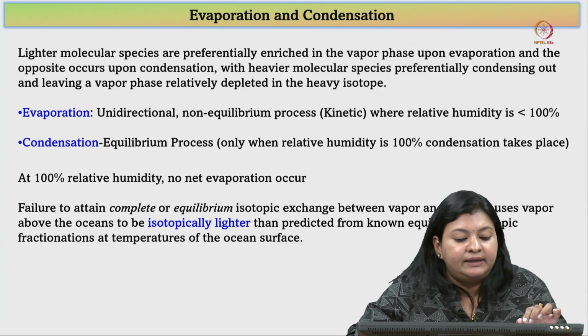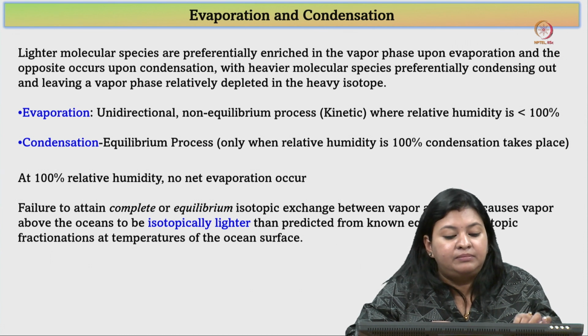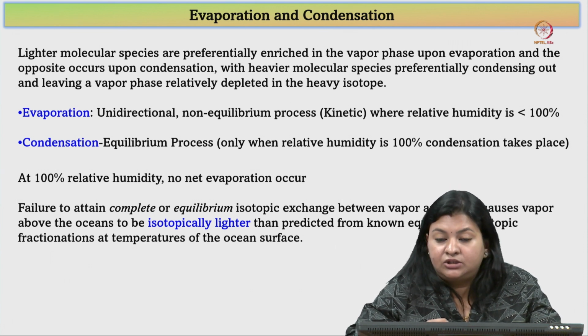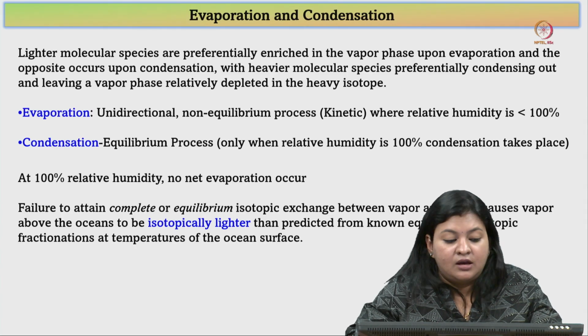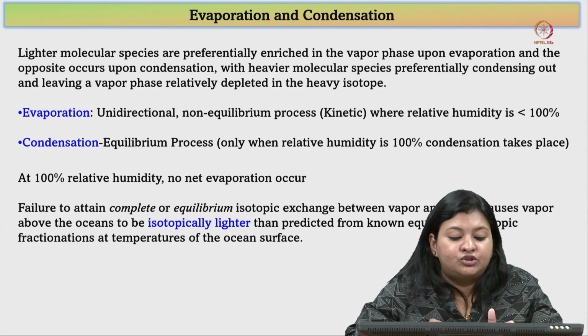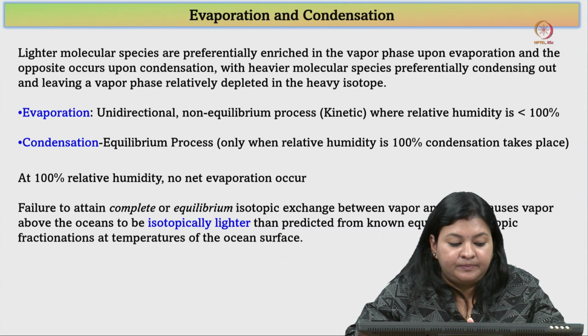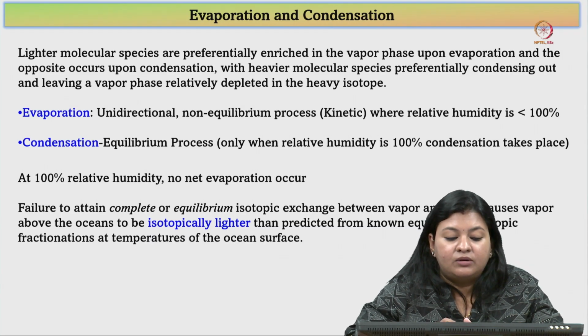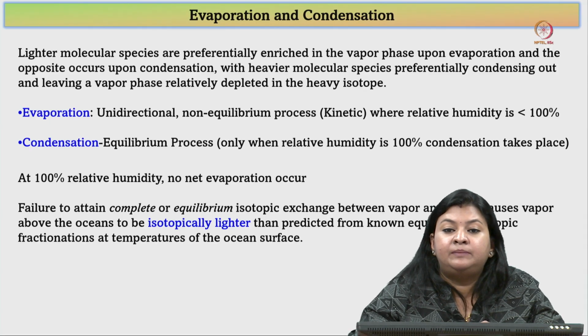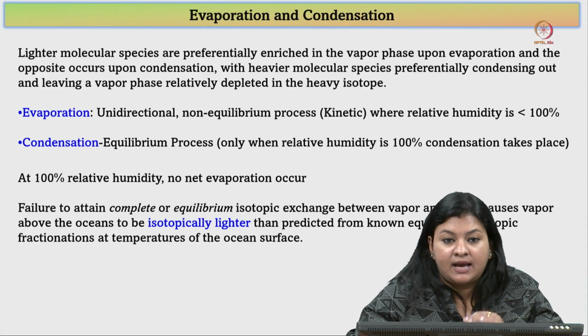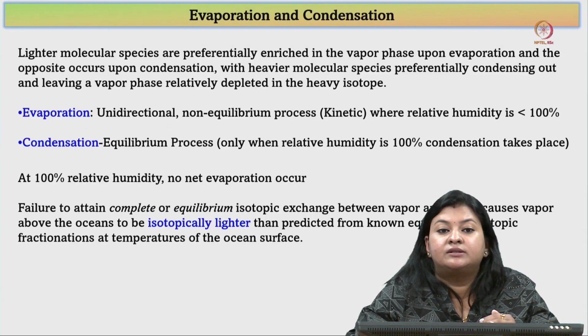Failure to attain complete equilibrium isotopic exchange between the liquid and the vapor phases causes the vapor above the oceans to be isotopically lighter than predicted from the known equilibrium isotopic fractionation at the temperature of the ocean surface.